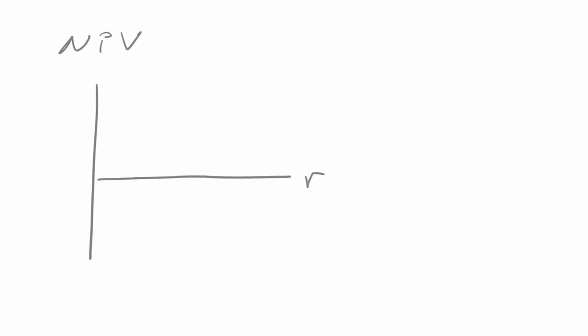What's going on? Notice what the NPV looks like as a function of R. So NPV equals 100 plus negative 130 over 1 plus R. When R is 0, NPV is negative 130.